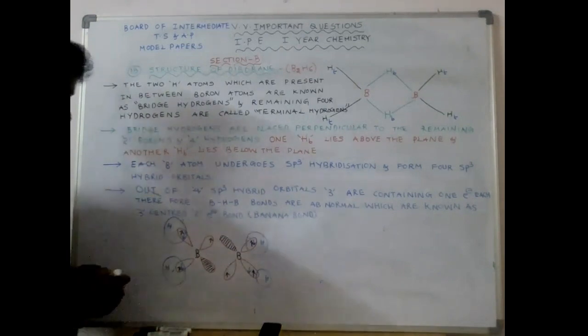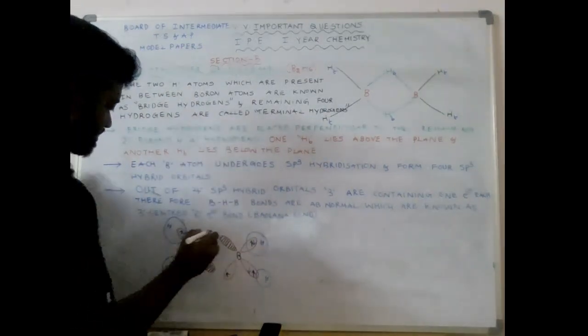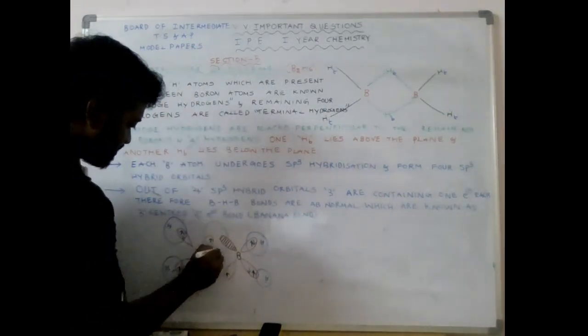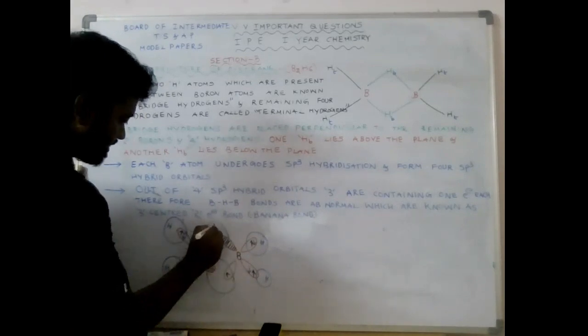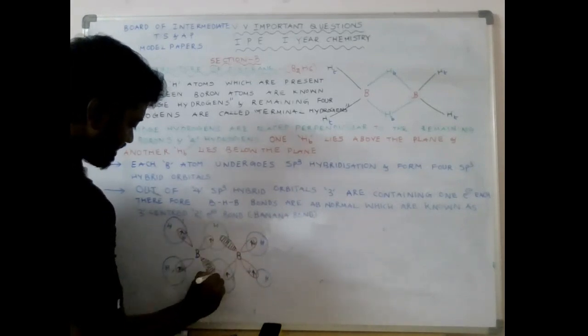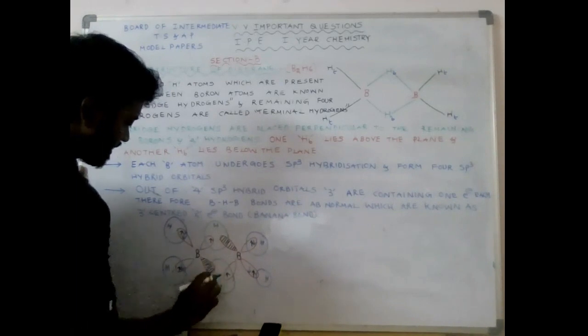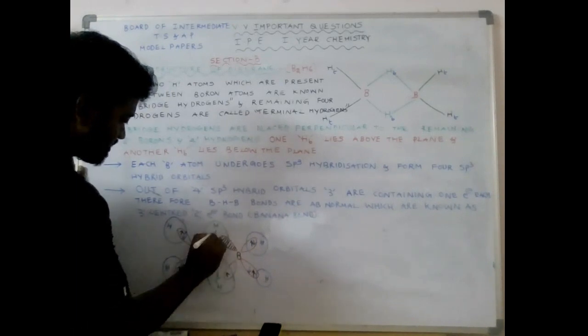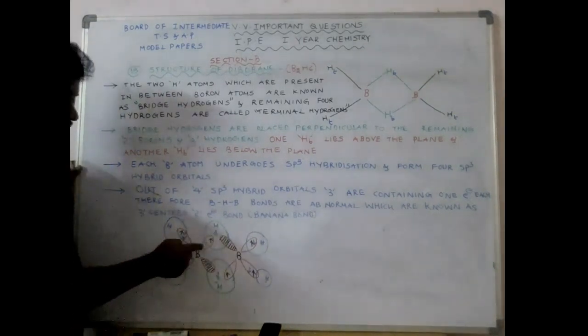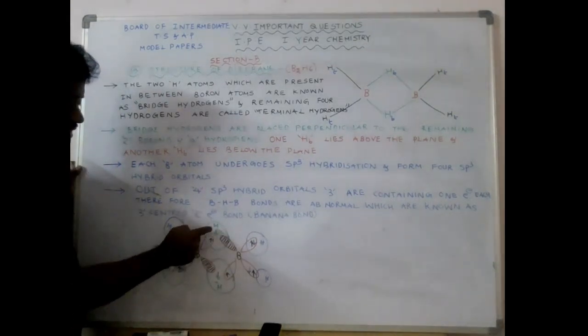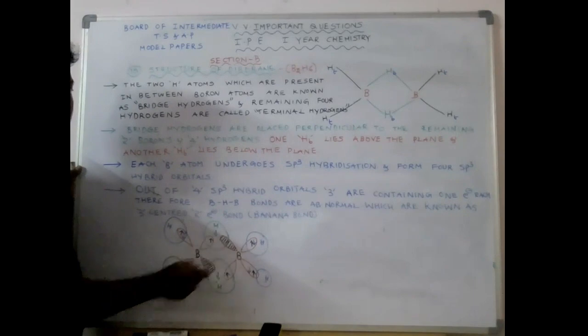If you observe here, the main thing is that here also hydrogen has one electron, right? This is hydrogen, this is also hydrogen. Each hydrogen has one electron. But here the point is, to make one bond we require two electrons, but here three centers are there: one is boron, one is hydrogen, and another is one more boron.